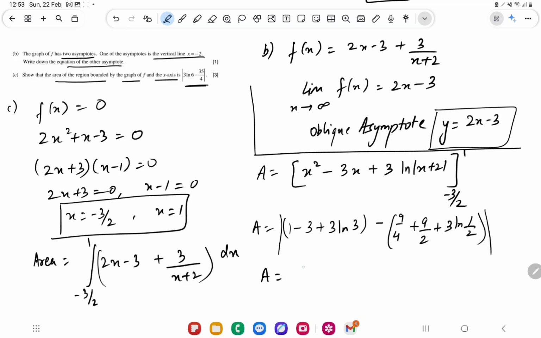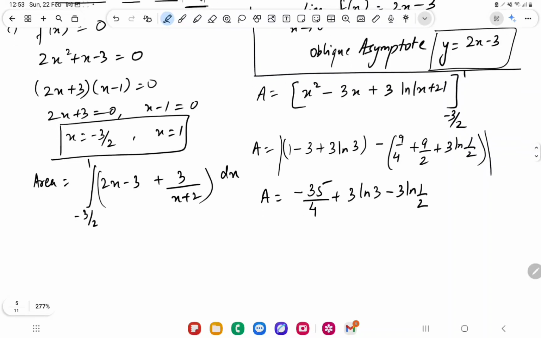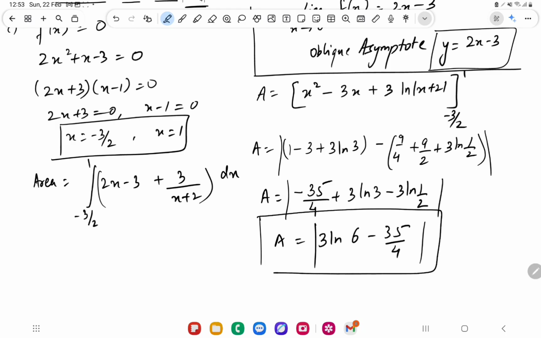If I further simplify this, I will get minus 35 by 4 plus 3 ln 3 minus 3 ln half, which on further simplification is 3 ln 6 minus 35 by 4. This is what was required by the question. Now we can move to the next question.